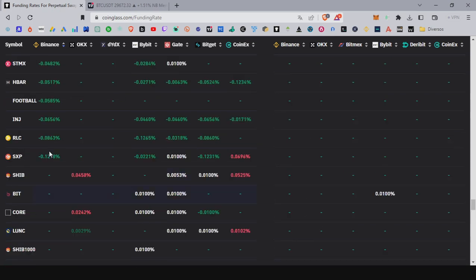Let's check the end of this list, and look at what we have here. SXP has an extremely negative funding rate. Nice. RLC, extremely negative funding rate. It means there is a big chance that the price will go up in order to liquidate these guys.